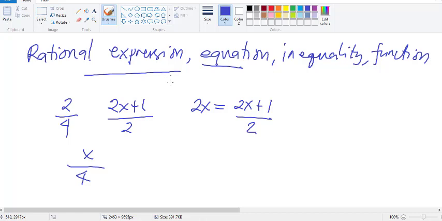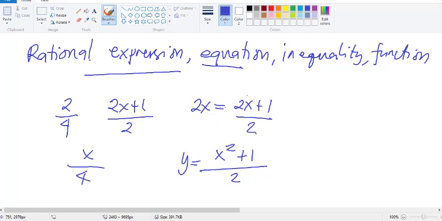Or maybe, let's say, y is equal to x squared over something. It is called quadratic, but it's still rational because it has a fraction part. So that is also a rational equation. The important part is that it has the equal sign.